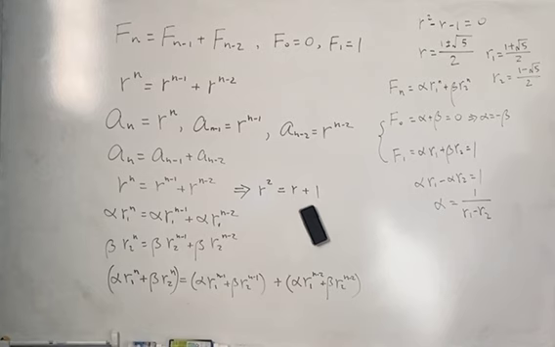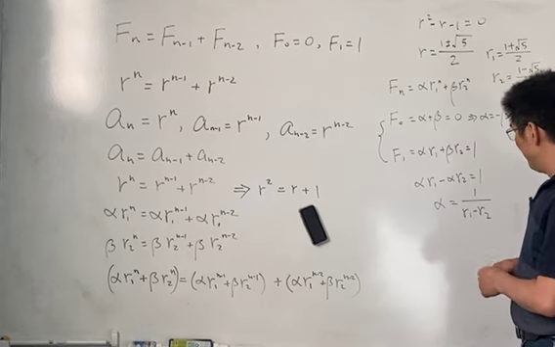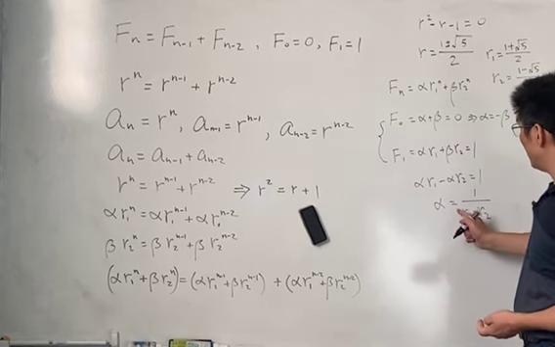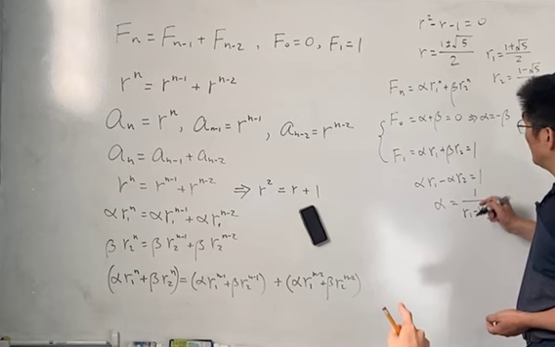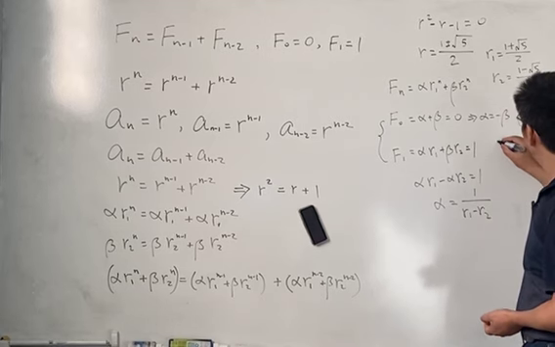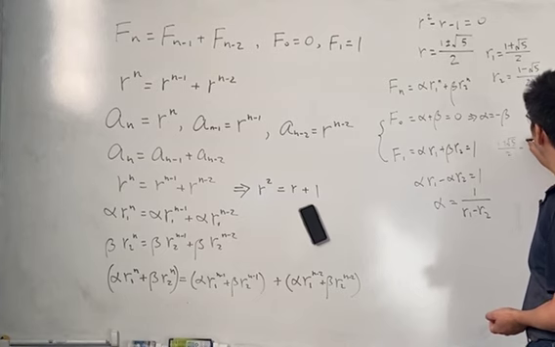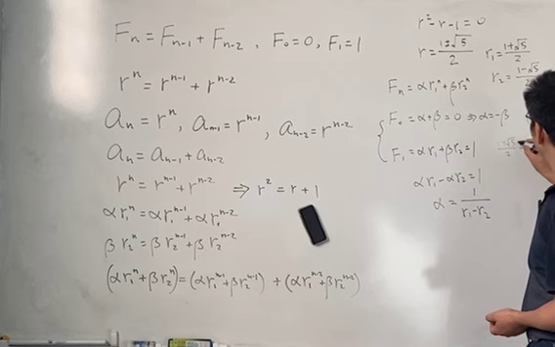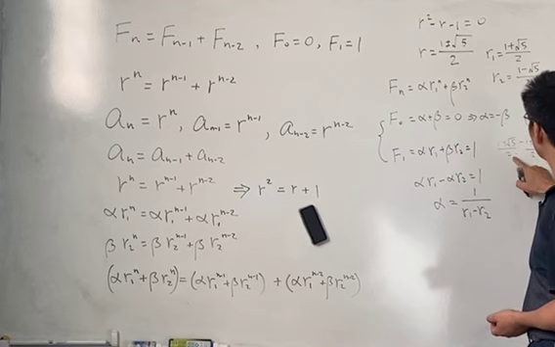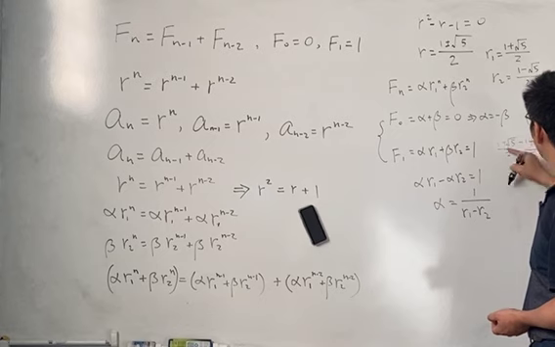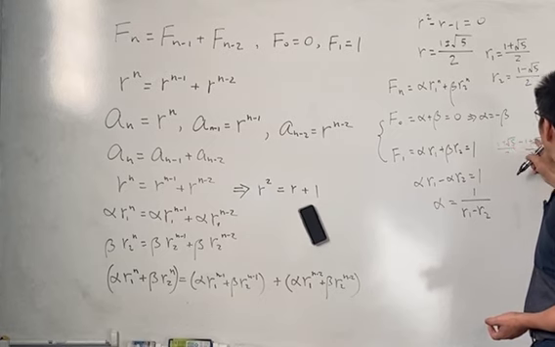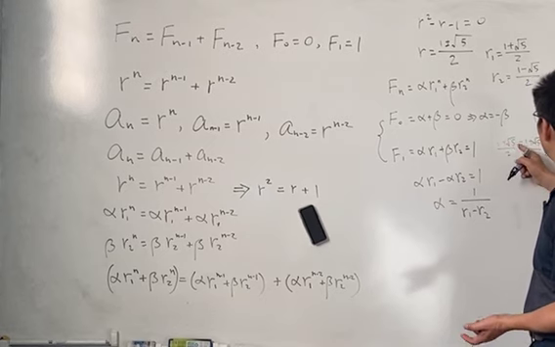Now we can actually calculate what this is. r sub 1 minus r sub 2: the minus and plus cancel, so 1 minus 1 is 0, and 2 of the square root of 5 divided by 2 gives the square root of 5.